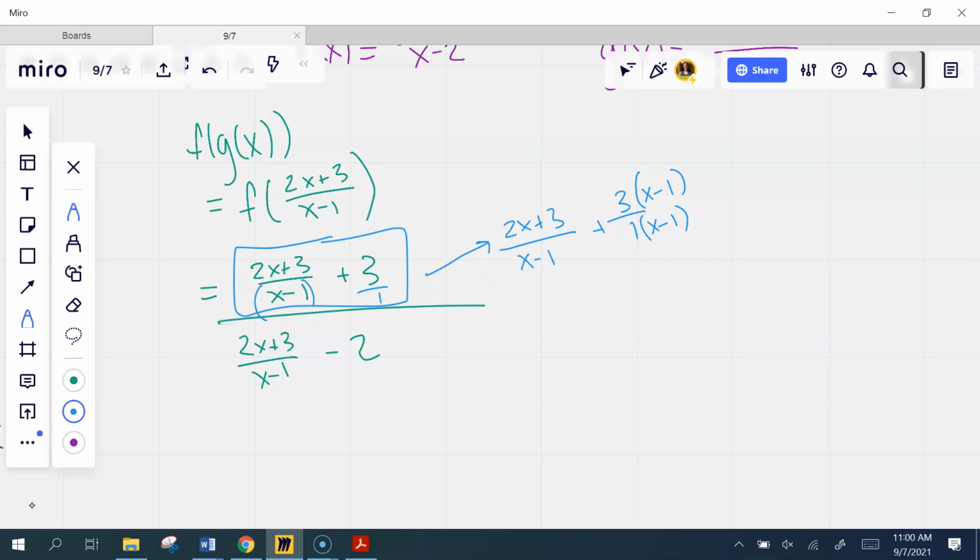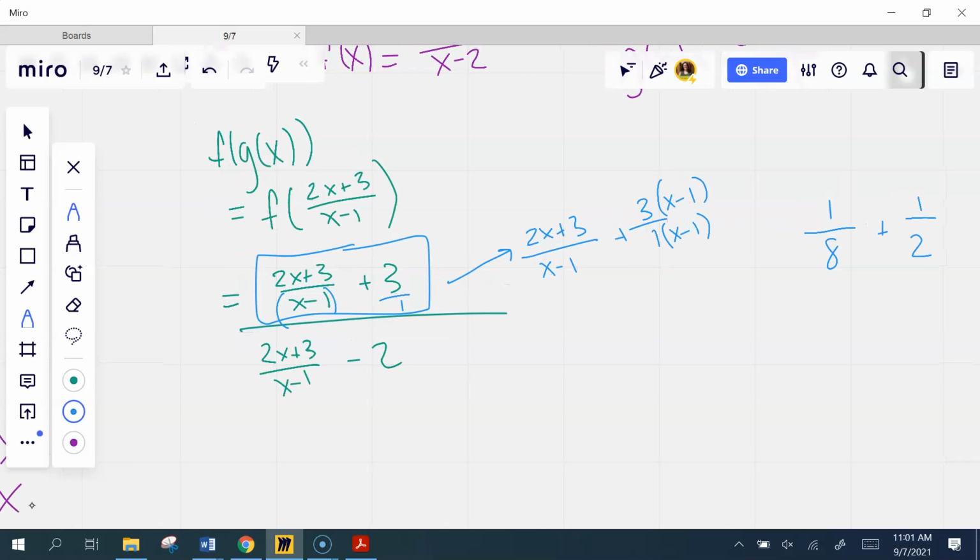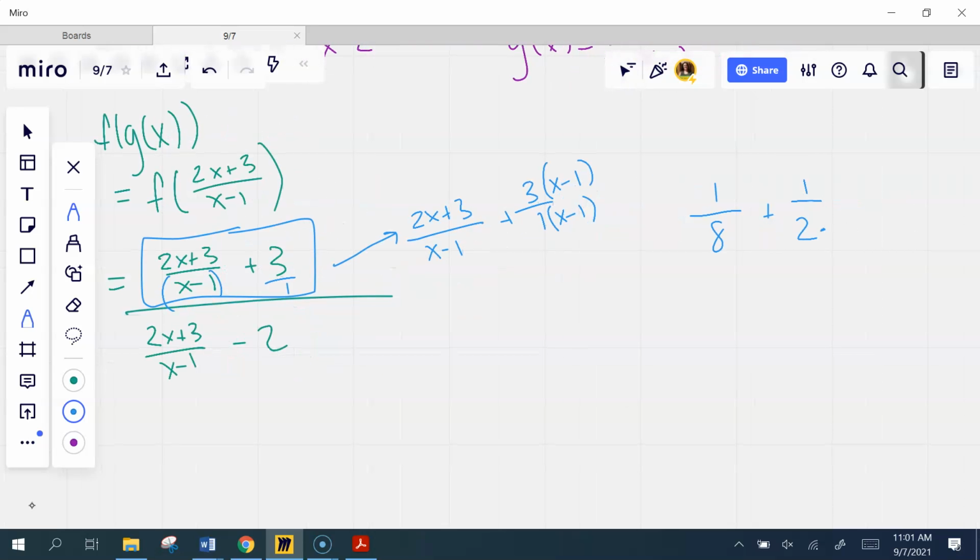Think about if you had 2/3 plus 1/5. That's a terrible example. Let's make this 2/3 plus 1/6. If that was my situation, this one only needs a 2, but I do it to the top and the bottom. This one doesn't need anything, so I leave it alone.